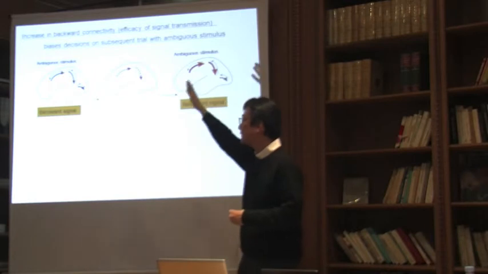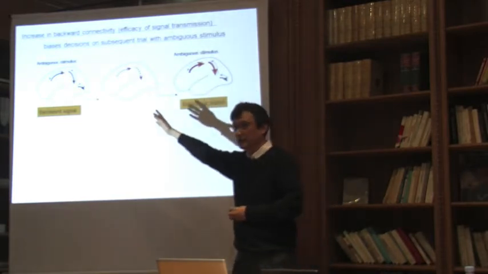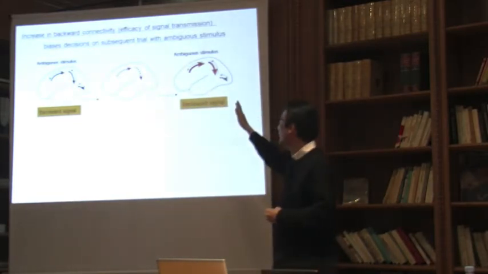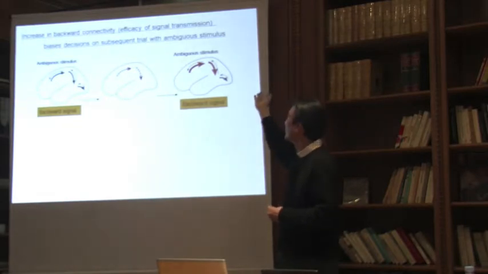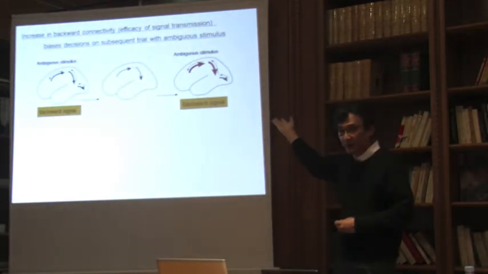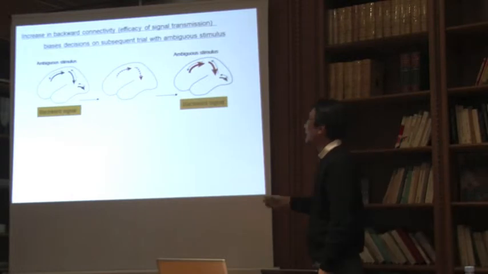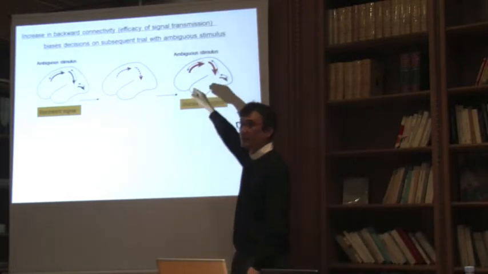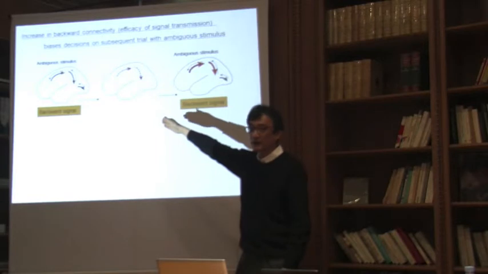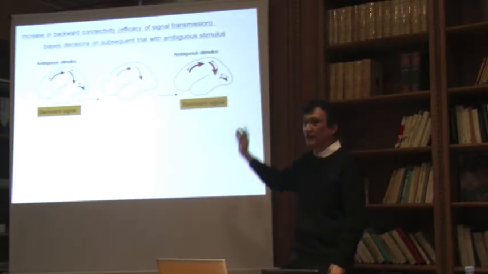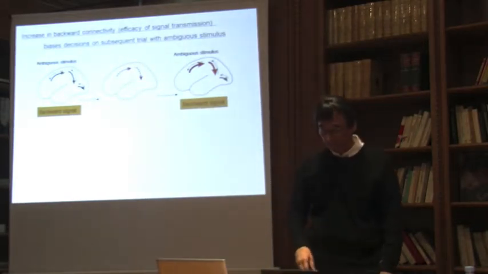This backward connection may persist during intertrial intervals, and then on the next trial, when an ambiguous stimulus is presented, you have to use the same circuit, which is being biased by the previous trial. And then you make the same decision.